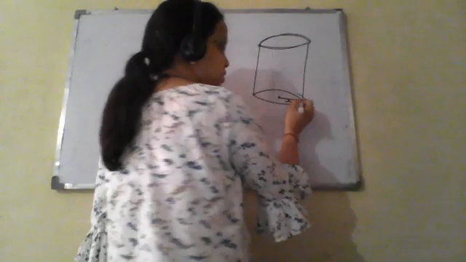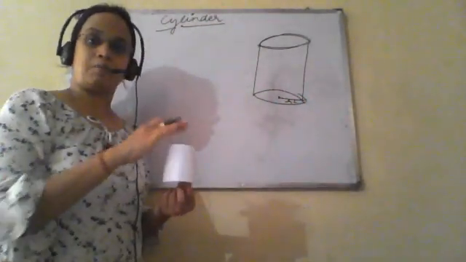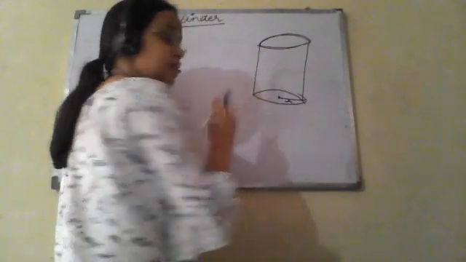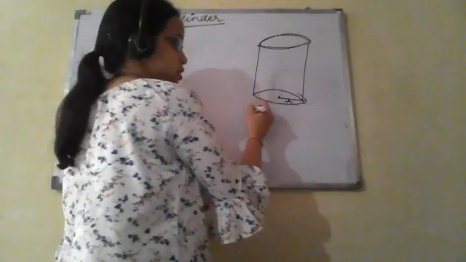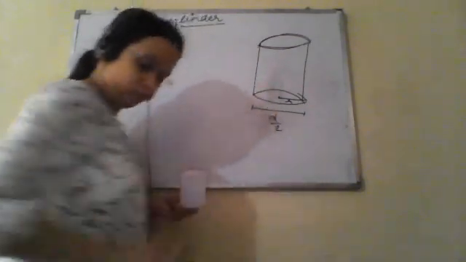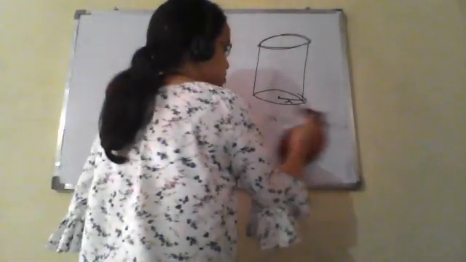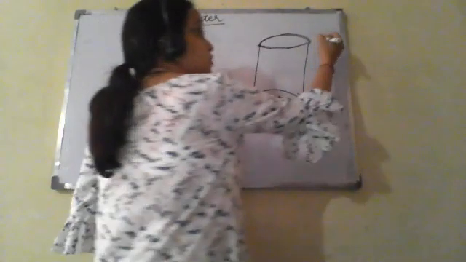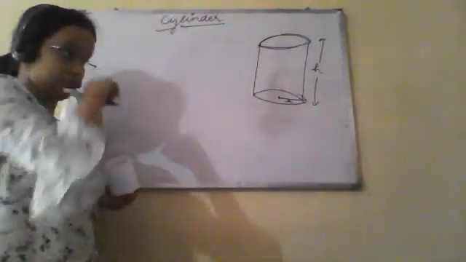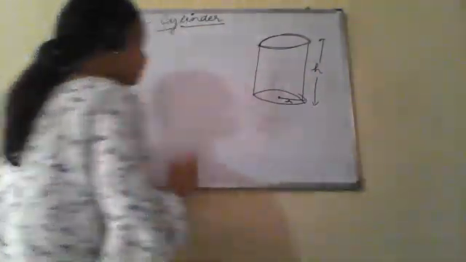This is called the radius because it is a circular shape from top and bottom, so it has a radius r. If the diameter is given, meaning this whole thing is given, we have to calculate the radius by dividing it by 2. You are all aware of this. So this is the radius, and one dimension, the height of the cylinder, is always given. So these are two important parameters.